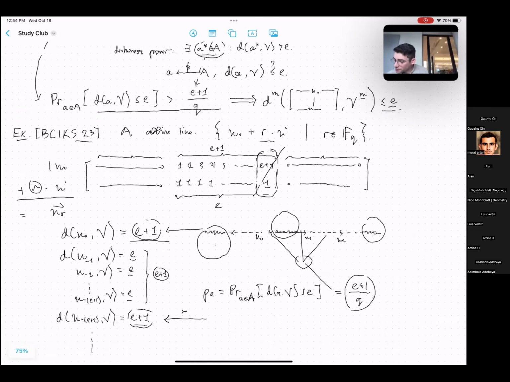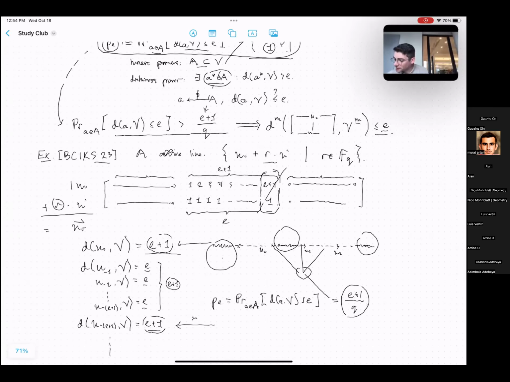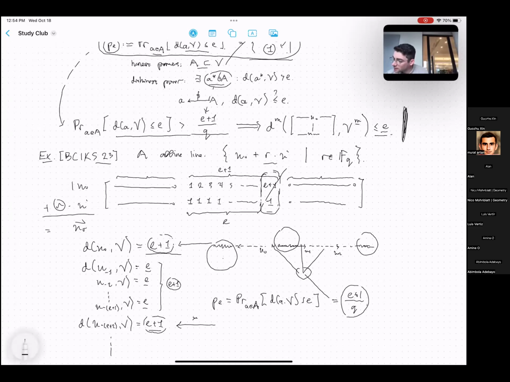Let's then use this example to stare even more at this key statement and try to make more sense of it. This circled thing here is what I referred to as the false witness probability.